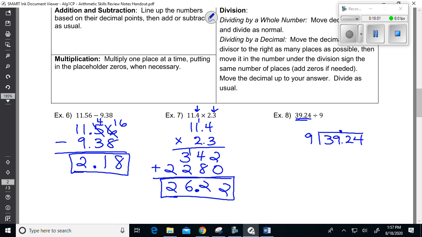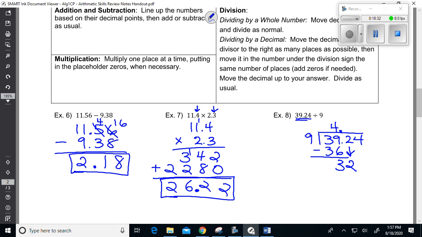We're good to go there. 9 can't go into 3. 9 can go into 39. How many times? 4 times. 4 times 9, 36. And 39 minus 36 is 3. Bring down the 2, keep it moving.